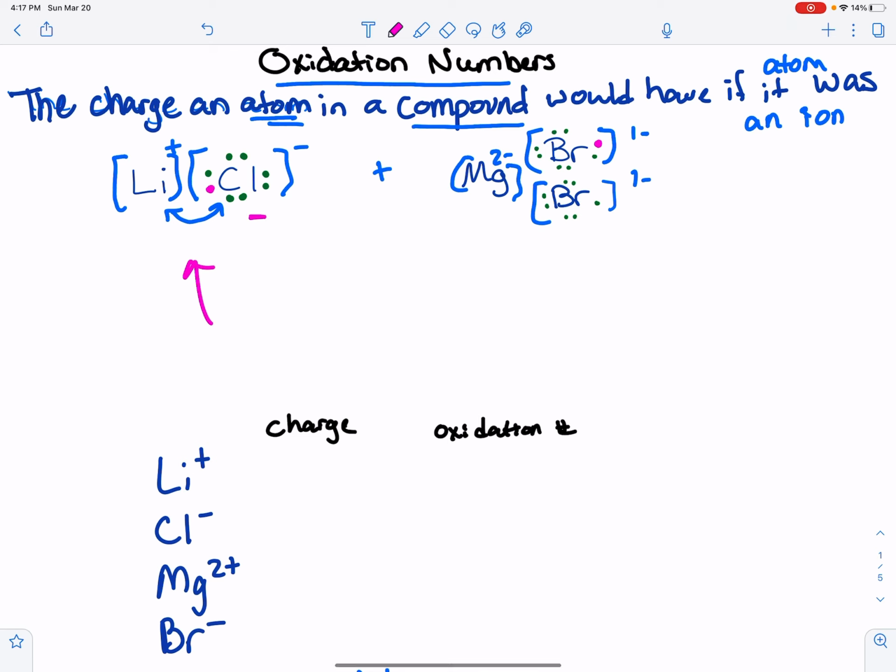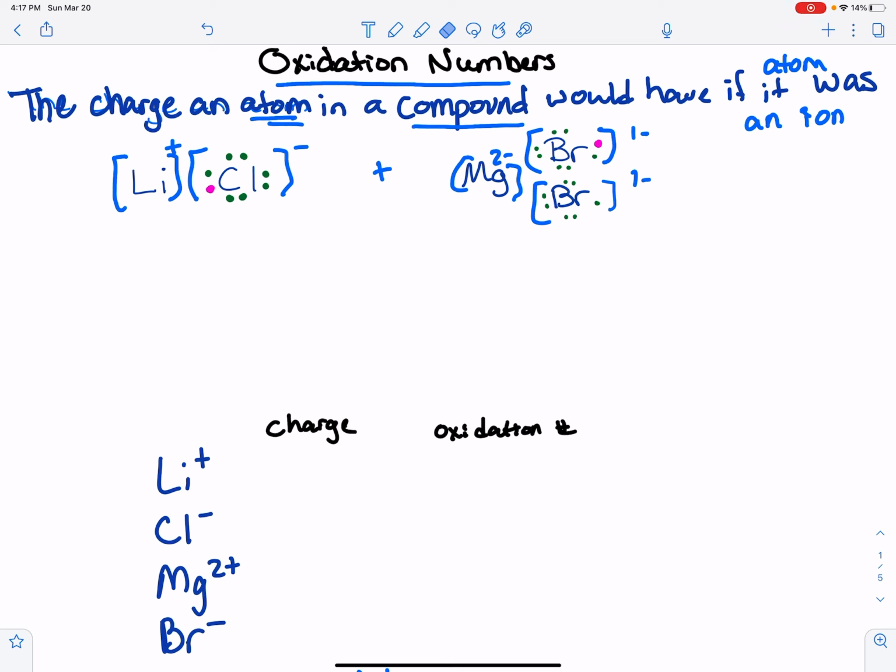Well, it's not going to want to go to the chlorine because the chlorine's already filled up. It's going to want to go to the lithium because it's positive. So it's not based on balancing the compound's charge. It's trying to figure out where the electron will move in the reaction itself.